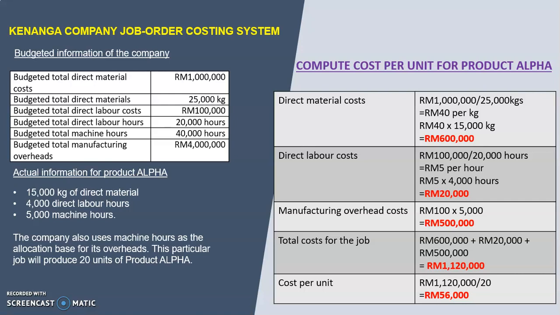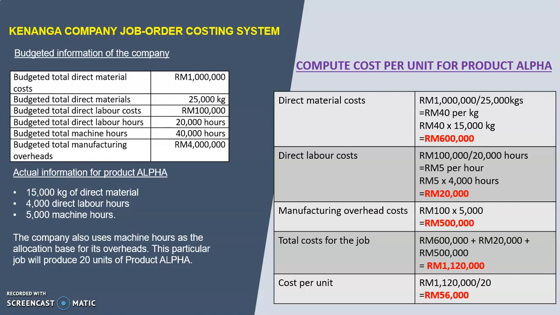So now let's look at each of the three elements. The first one is direct material cost. Direct material cost budgeted for the company is 1 million and budgeted amount in terms of kilogram is 25,000. So per kilogram, it is RM 40. And product alpha uses 15,000. So RM 40 times 15,000 kilogram, you get 600,000.